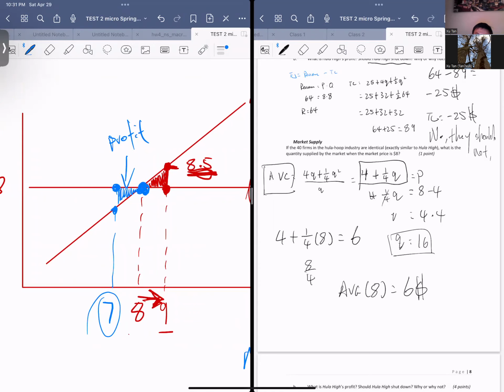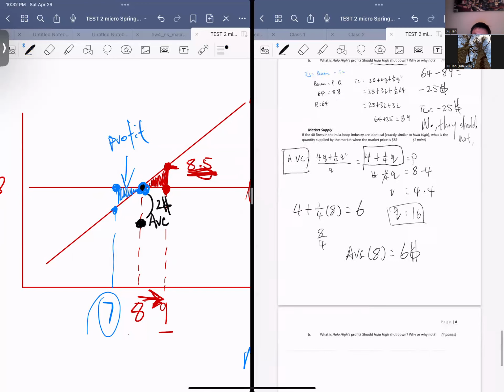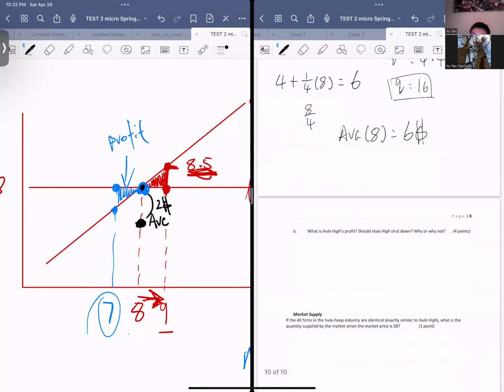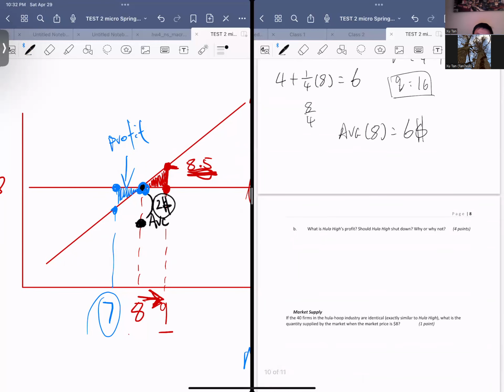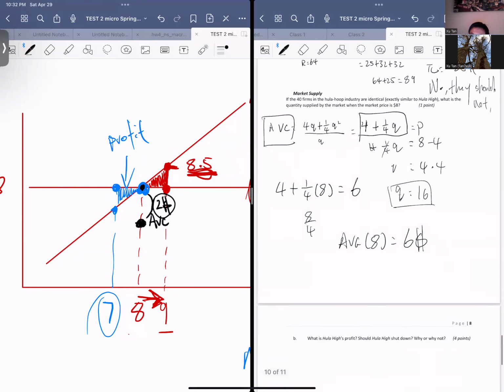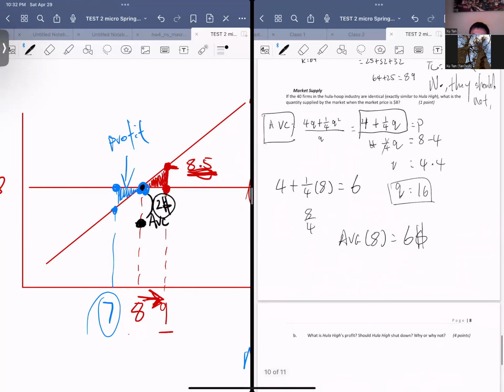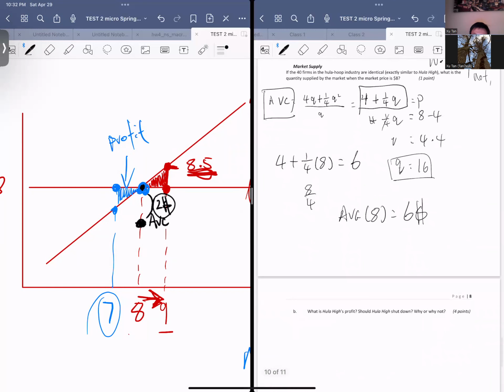This is our equilibrium, and our average variable cost is actually lower than price. That means at this price, $8, we still have $2 of gain, excluding fixed costs. You can use this $2 to pay fixed costs, right? So we should not shut down.